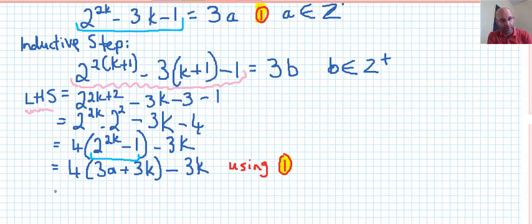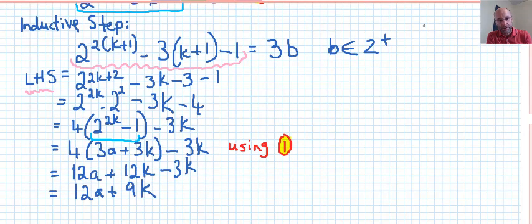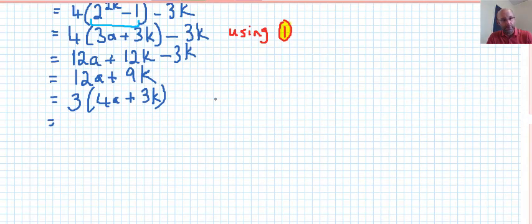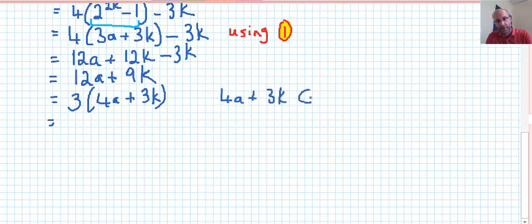Now we can go further. We can expand and do a few things here. You have a look. So we have 12a plus 9k there. We have a factor of 3, so we have 3 outside of 4a plus 3k. So 4a plus 3k is an integer.